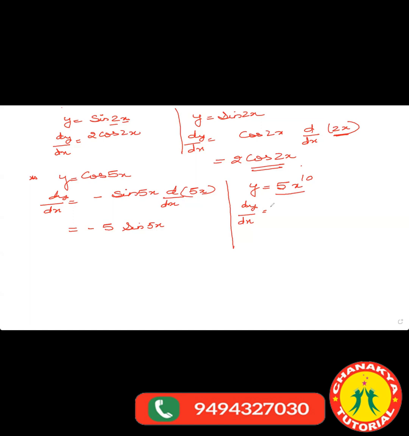See, in this differentiation of two functions, there are two functions. One is a constant term, the other is a variable. So first of all, you will do the differentiation of 5 as it is, plus now 5 as it is, then differentiation of x to the power 10. Now differentiation of constant term is 0, I have already told you, into x to the power 10, plus 5 into differentiation of x to the power 10.